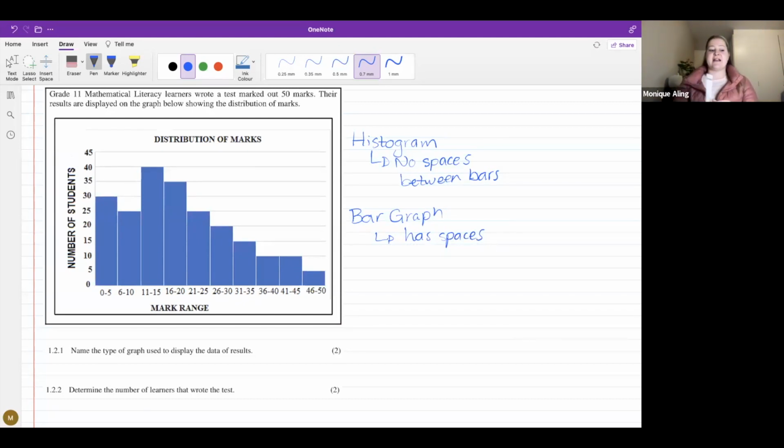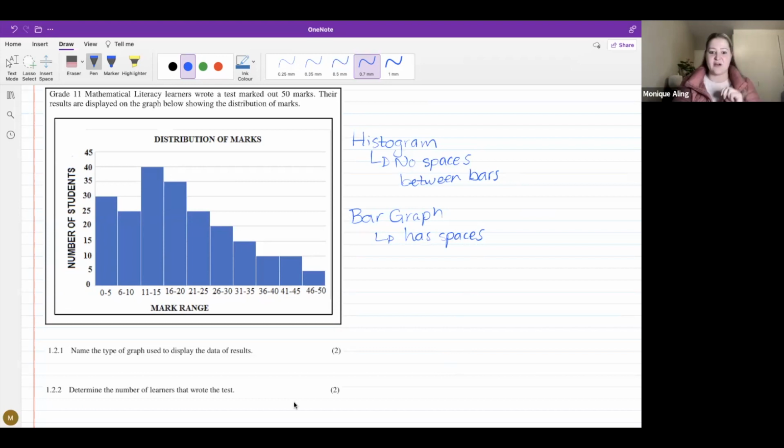So a trick when it comes to learning something, just learn one. Just know that histogram, there's no spaces, and you know bar graph is going to be the opposite. Because if you are learning histogram, no spaces, bar graph, spaces, you tend to get confused. So you know that the other one's the opposite. So just learn one off by heart. Whichever one will be the easiest, learn that one, and then you know the other one is the opposite.